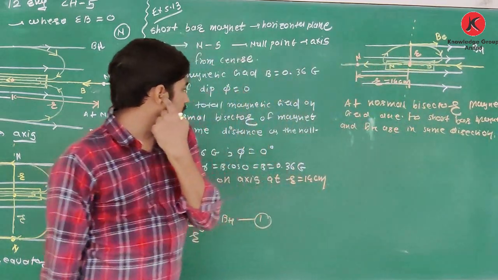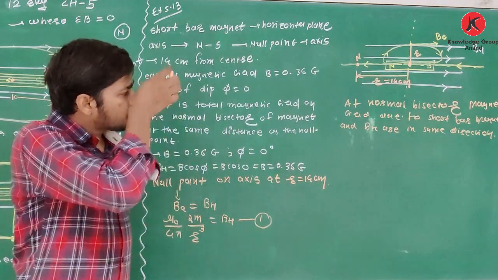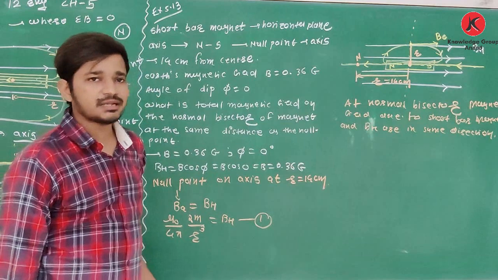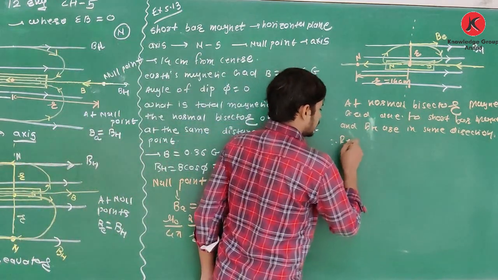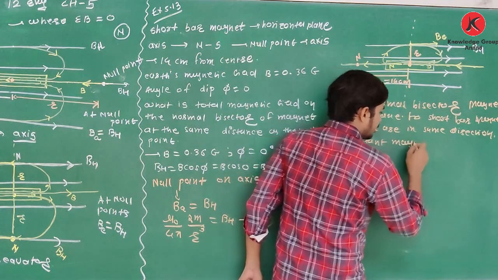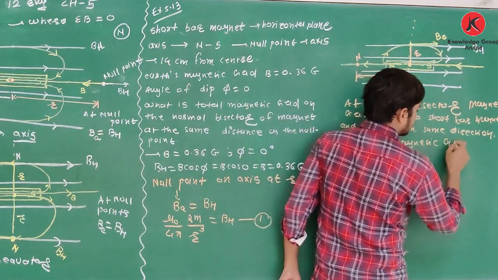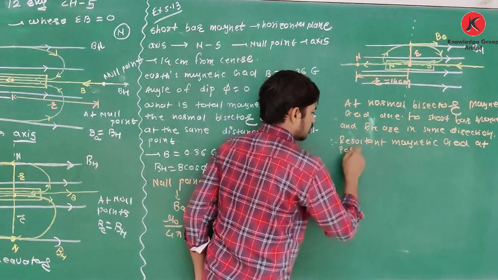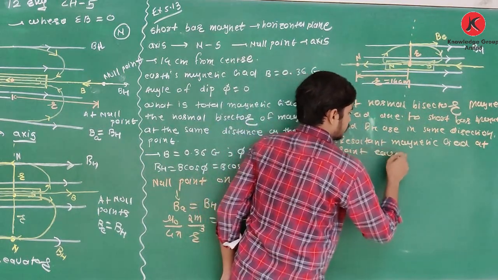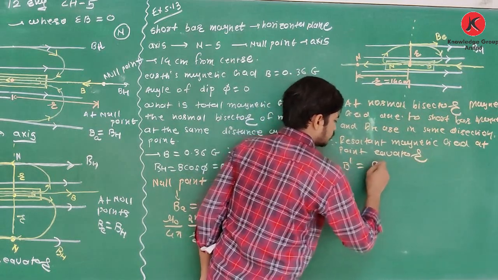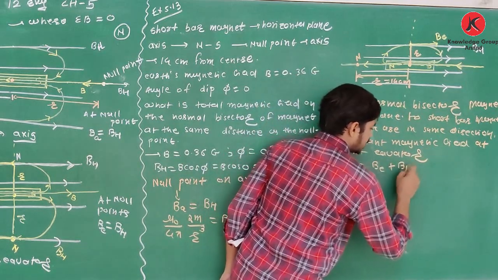Okay. So therefore the resultant magnetic field at a point on the equator, B dash is equal to BE plus BH.